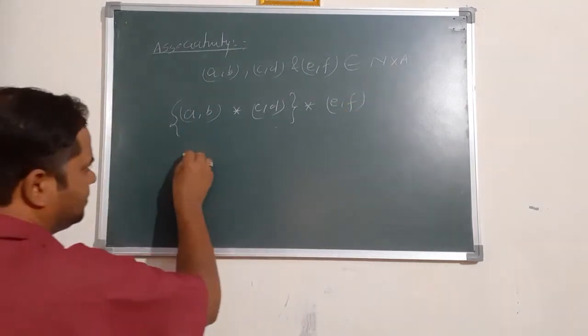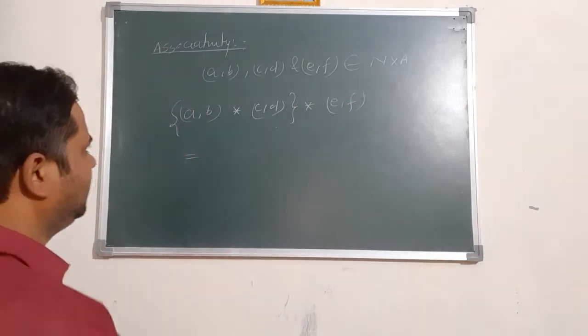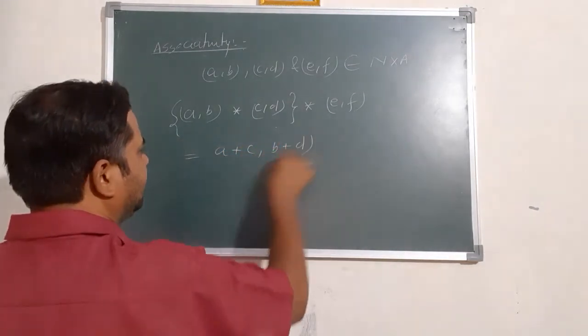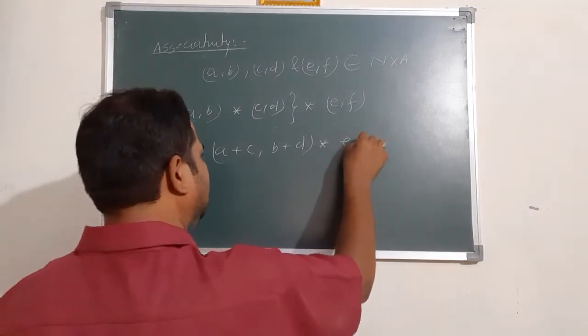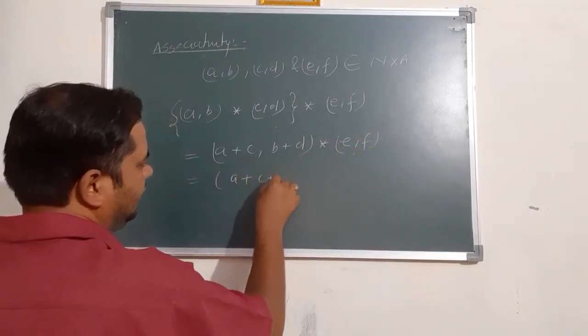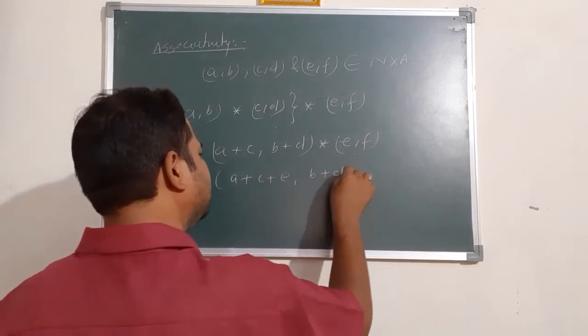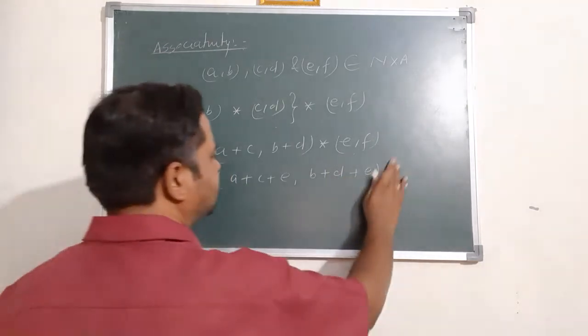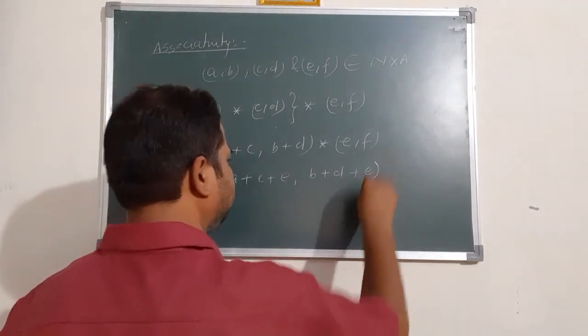If you see, this is nothing but (a plus c, b plus d) star (e, f), so (a plus c plus e, b plus d plus f). This is the result actually.